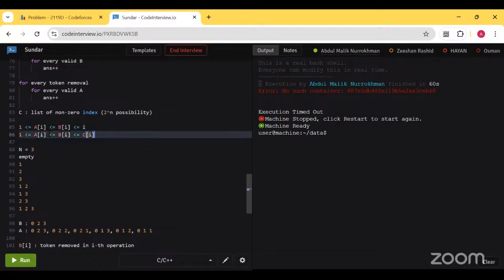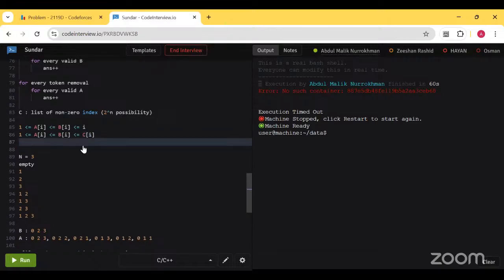Practically, we want to find the number of arrays like this. The size can be any size, not always equal to n. The size is between 0 and n.